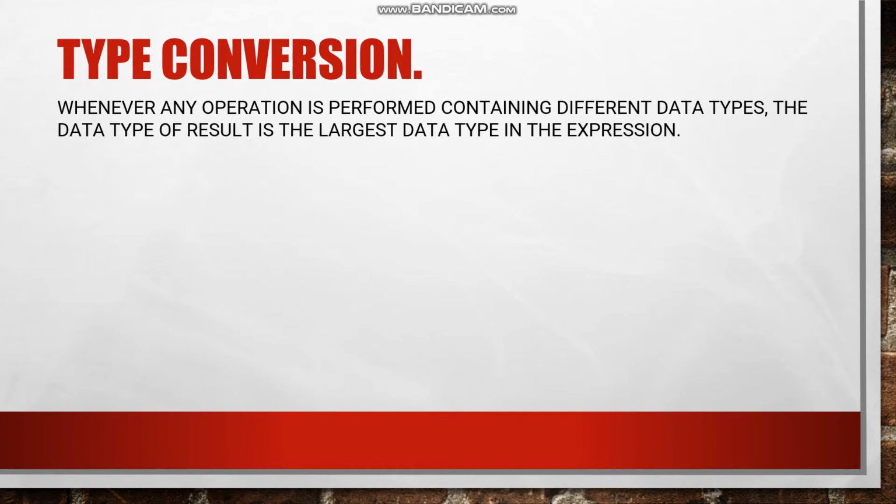Now we are getting into type conversion. Whenever any operation is performed containing different data types, the data type of the result is the largest data type in the expression. For example, if there are two variables, an integer and a float, I am taking int v plus float v.